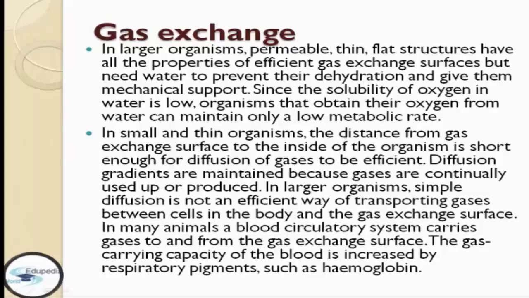In larger organisms, simple diffusion is not an efficient way of transporting gases between cells in the body and the gas exchange surface. In many animals, a blood circulatory system carries gases to and from the gas exchange surface. The gas carrying capacity of the blood is increased by respiratory pigments such as hemoglobin.